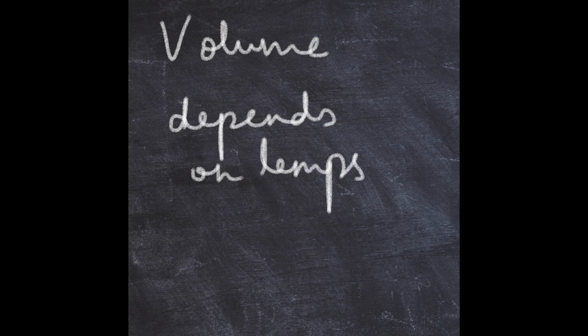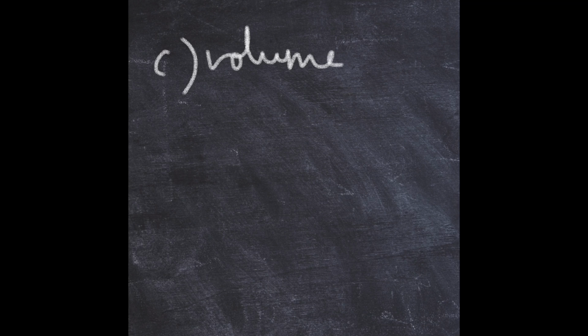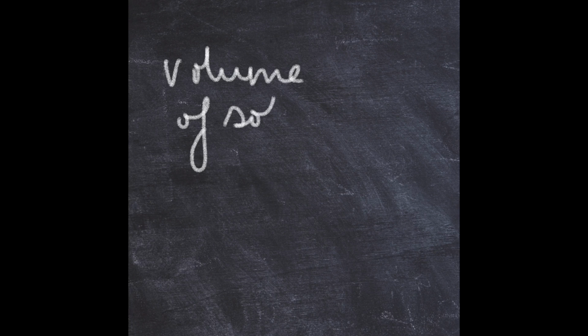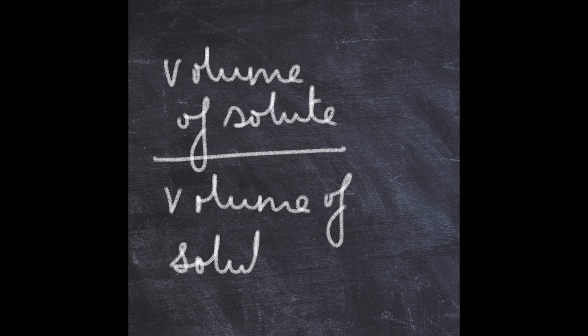Then a third term is volume by volume percentage. So the formula for this is volume of solute upon volume of solution into 100.